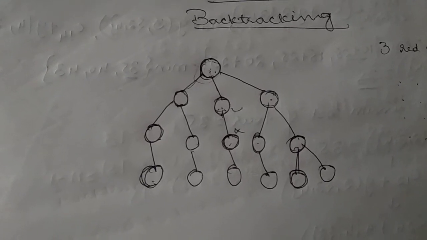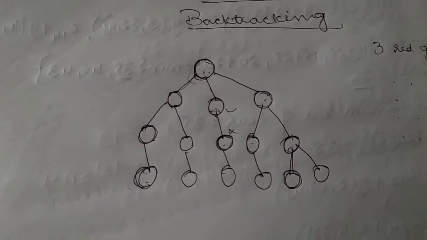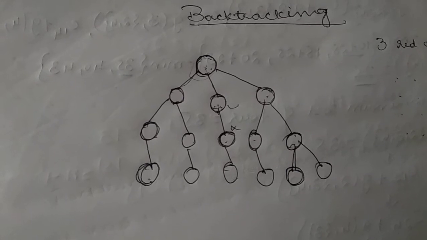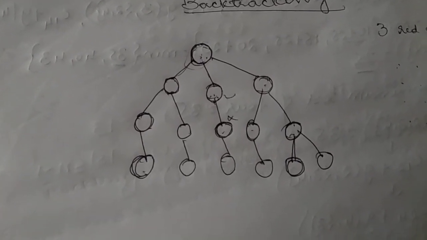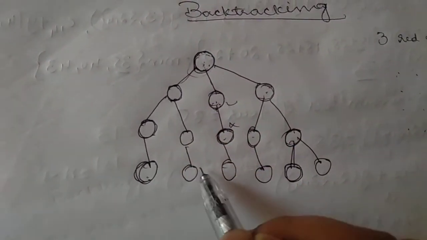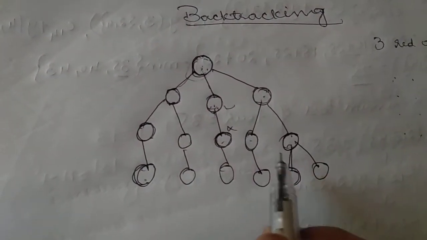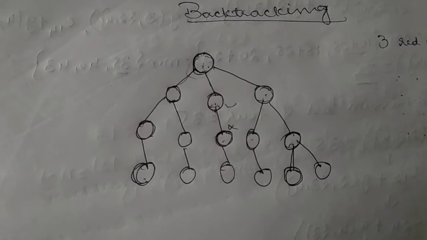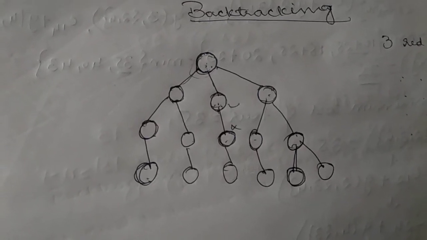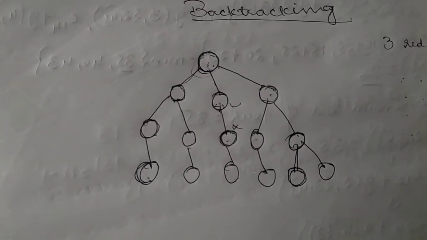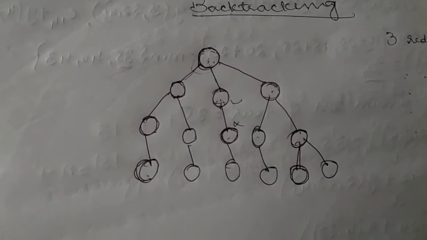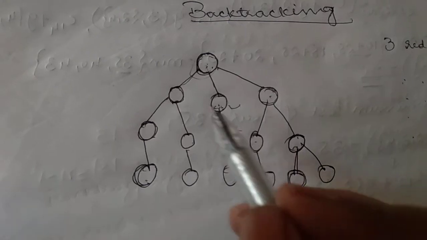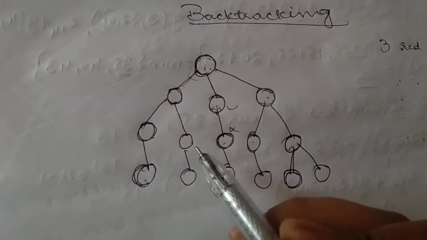If the partially constructed solution can be developed further, if you have any options, then we can do like this. If there is no option, then what will we do? If no alternatives for any remaining components need to be considered, in this case we need backtracking.